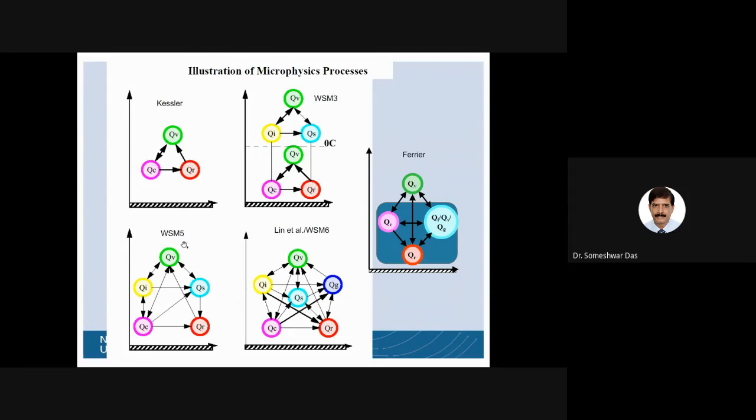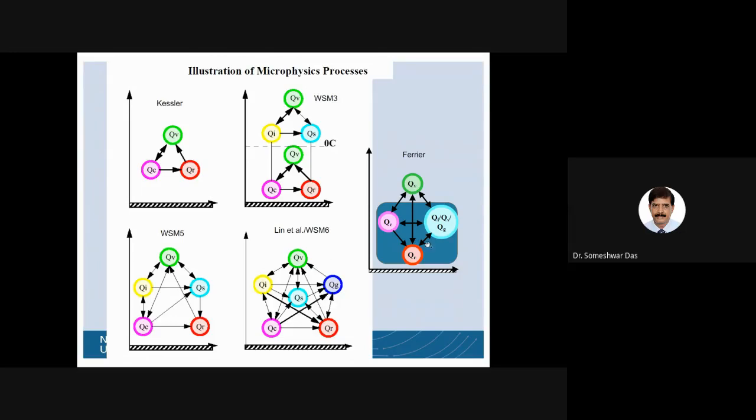rainwater. In the more complex scheme, WSM5, you have more complex interactions. In that case, you have QS also, interacting with QC and QI, etc. In WSM6, you have some more species, like graupel also in this case.